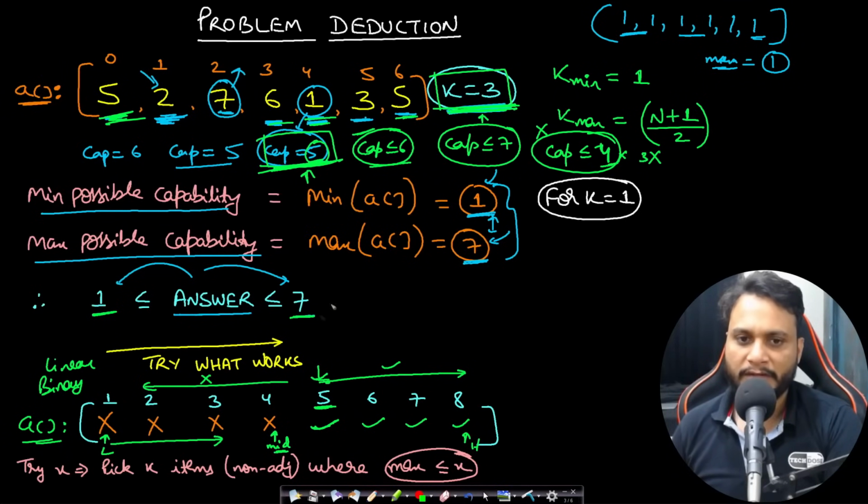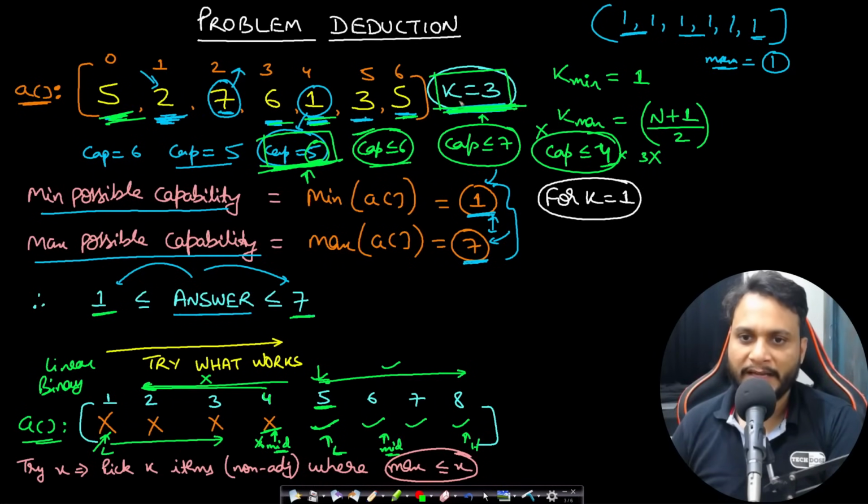Now if you try to pick k houses from this given array, and if the capability cannot be less than or equal to 4, that means this is not working for us. And if 4 is not working for us, I already know that none of the lower values will work for us. So let's go to a higher value. So L will be made mid plus 1, and then again you will have 6 as the mid.